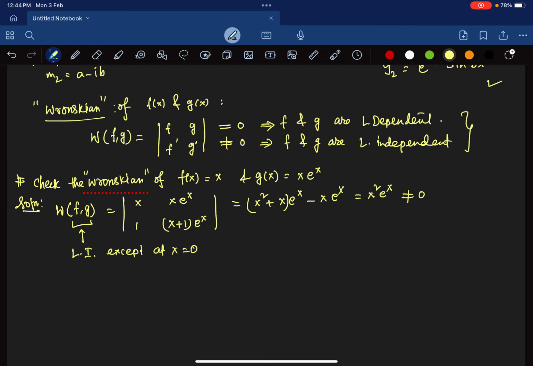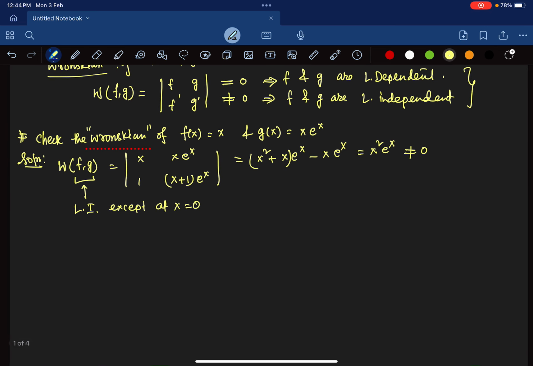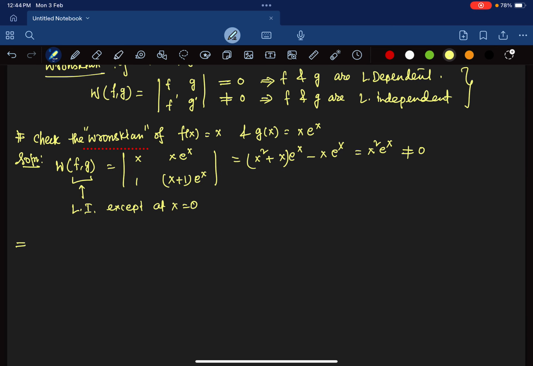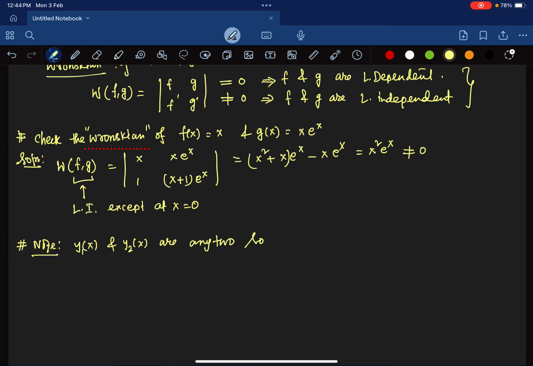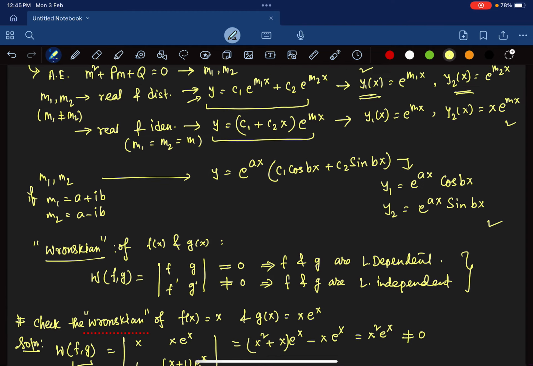Okay, now see, there are a few results related to this Wronskian. So one of the important results, as a note you can consider this: suppose y1(x) and y2(x) are any two solutions of this main equation.